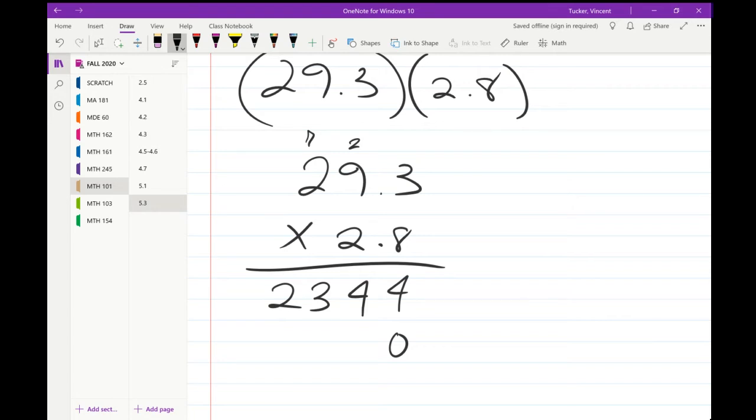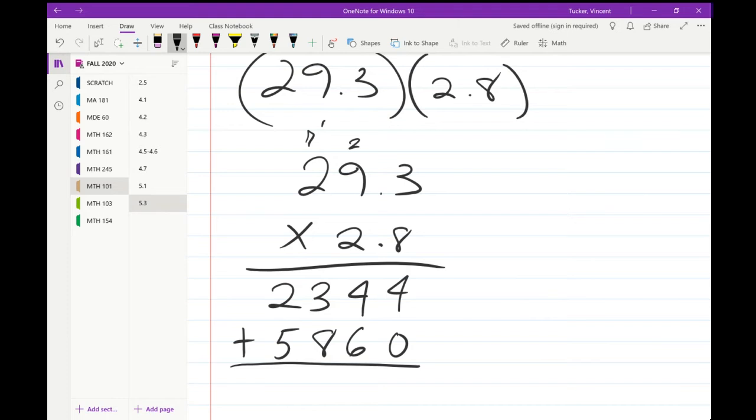Then start with your multiplication. 2 times 3 is 6. 2 times 9 is 18. Carry a 1. 2 times 2 is 4, plus 1 is 5. And now we go ahead and add those.